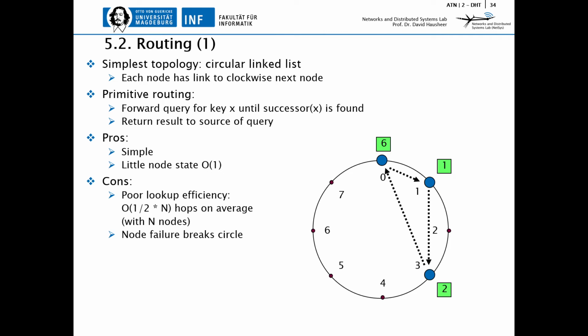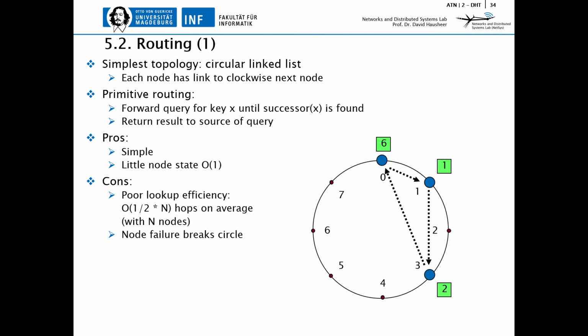The simplest topology to do routing in a Chord network would be to define a circular linked list. That means each node has a link to the clockwise next node. For example, node 0 has a link to node 1, node 1 has a link to node 3, and node 3 has a link to node 0.